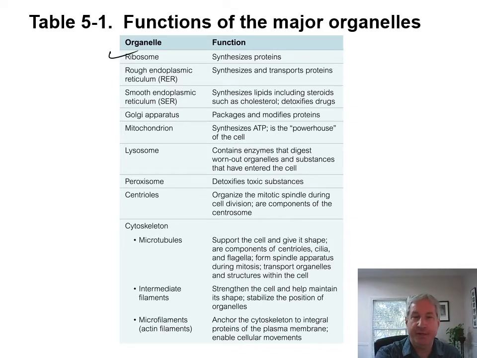A smooth endoplasmic reticulum, or SER, synthesizes lipids and steroids like cholesterol, and also detoxifies drugs. You'll find it doing that in the liver, which is one place that drug detoxification takes place. The Golgi apparatus packages and modifies protein.